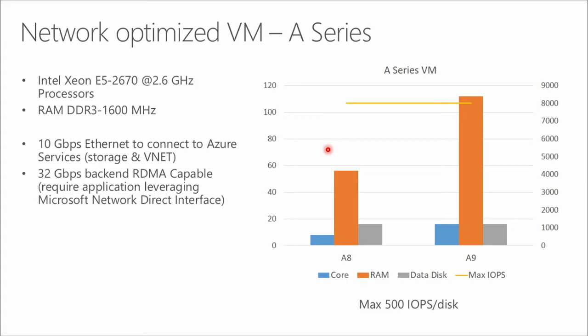So you can use those VMs to go to storage, Azure services, VNets. That gives a better network throughput. If you want to run an app that has requirements of network performance, those are the VMs you want to go to.